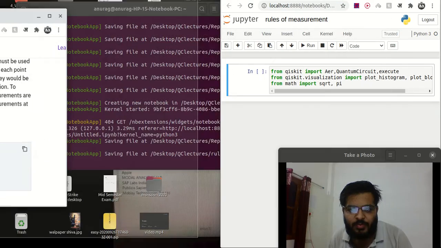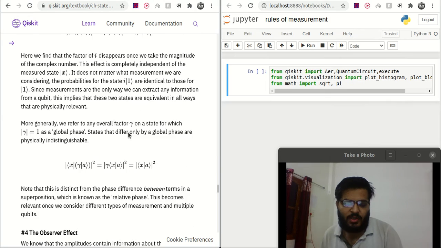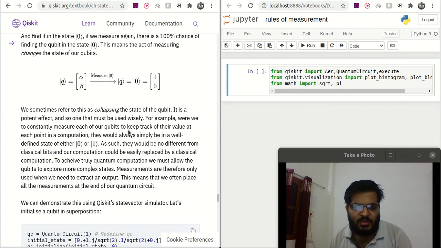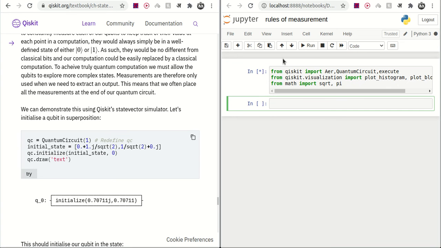Also, to cover this, we'll code it. This is nothing but a very basic quantum circuit.